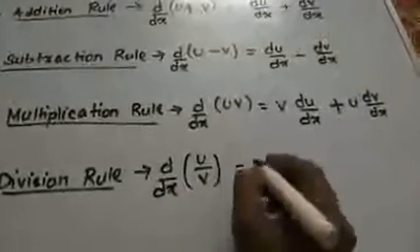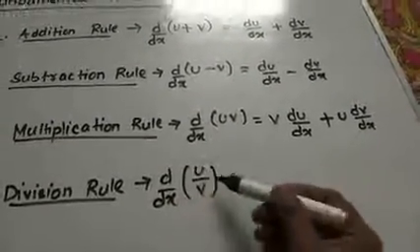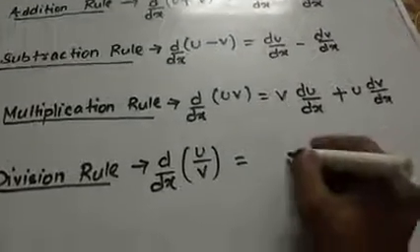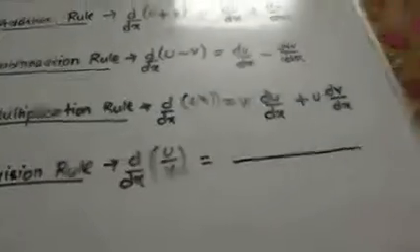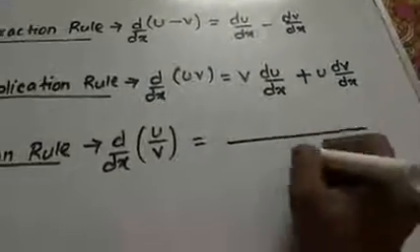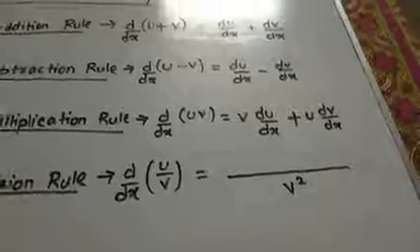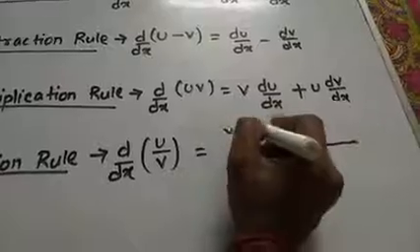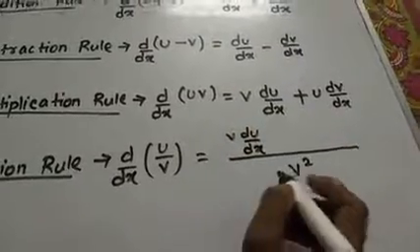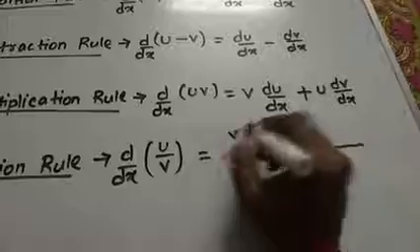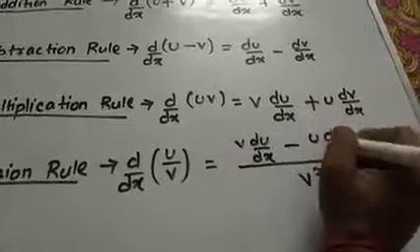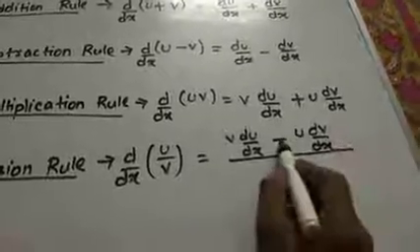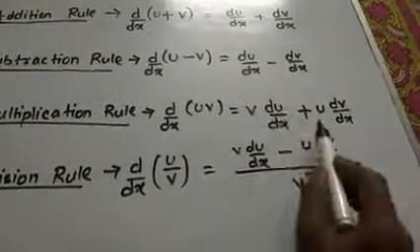The rule says that u is the function in the numerator and v is in the denominator, so see the rule: the denominator v will become v square, and for the numerator we will start from the denominator part, v du by dx minus, now just interchange them, u dv by dx. In division, remember the sign is negative, in multiplication the sign is positive.